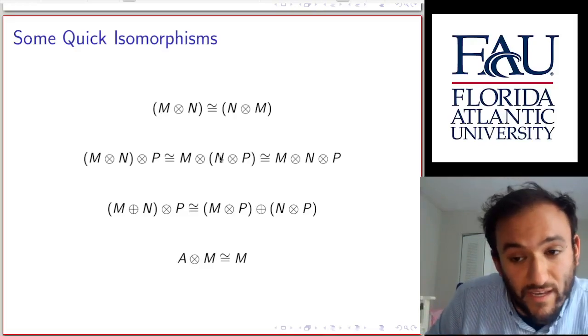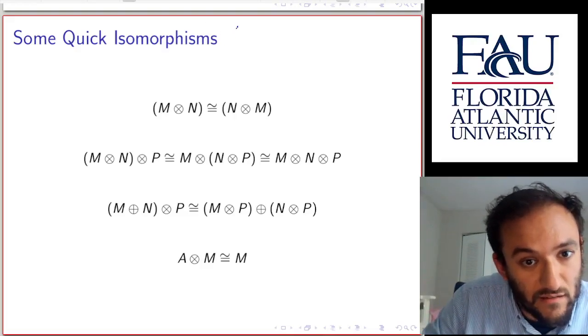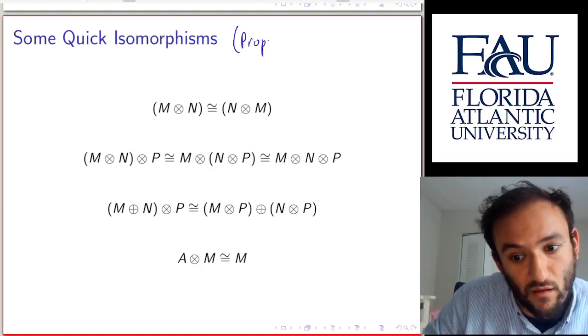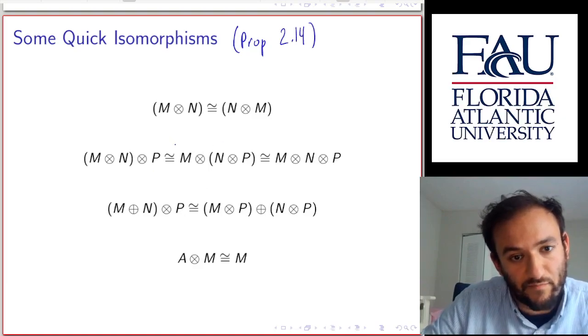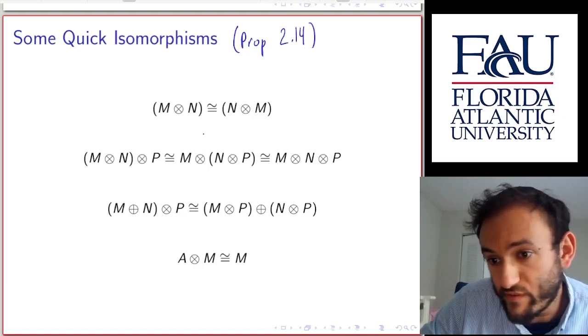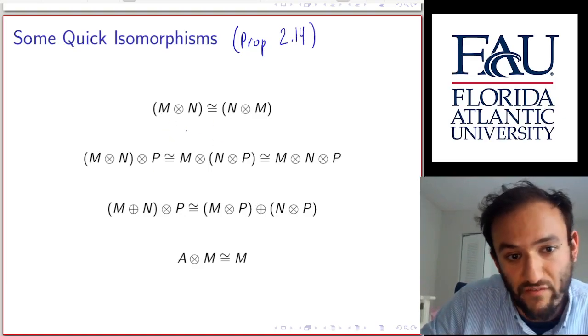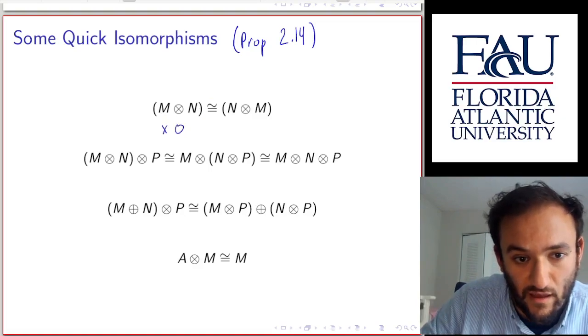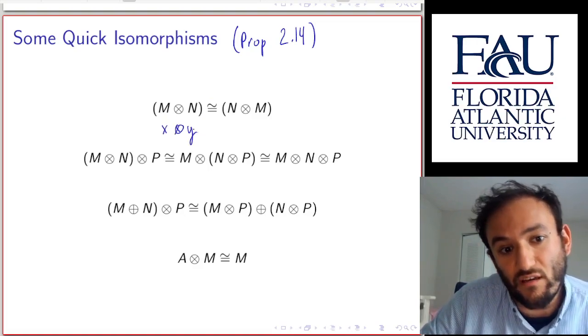Now we'll cover some quick isomorphisms from the text. These are listed in proposition 2.14. And the isomorphisms are as follows. If you have M tensor N, for instance, an element there would be x tensor y.